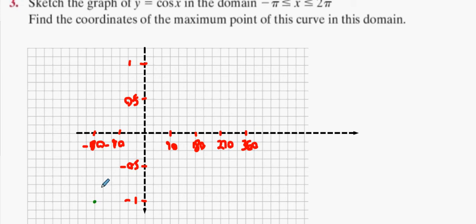So in between 0.8 and 0.9. Next one, what's minus 30? Oh, sorry, minus 120, I mean. Yeah. Minus 90? Okay. Minus 60? A half? Minus 30? Yeah. 0?